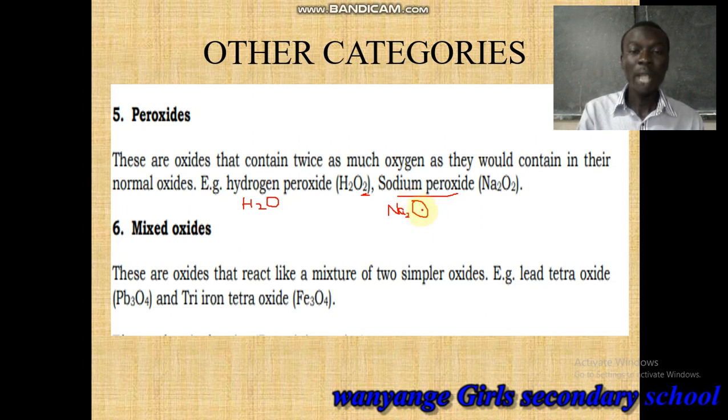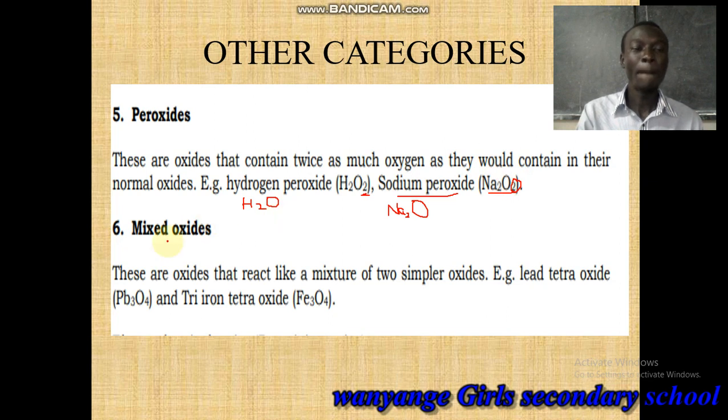This has one oxygen atom, but look at the formula of sodium peroxide. It has two oxygen atoms. That shows that it is a peroxide. So peroxides will always have twice as much oxygen as their normal oxides.